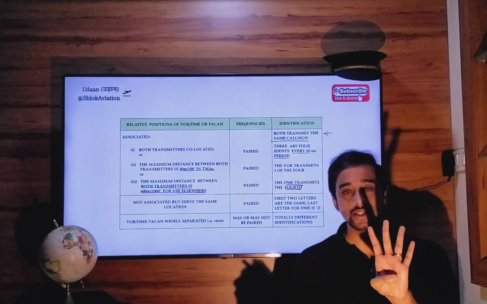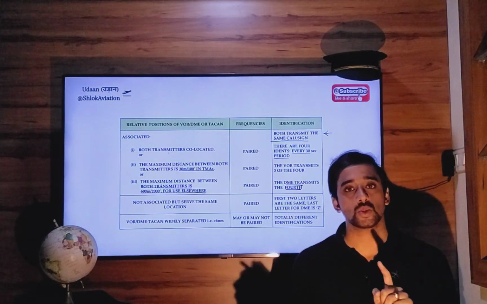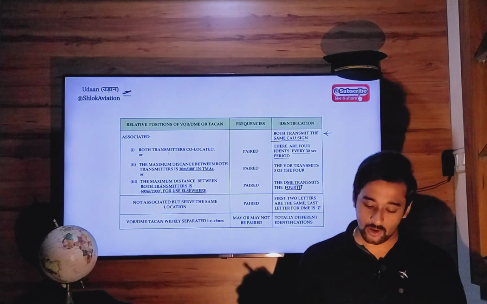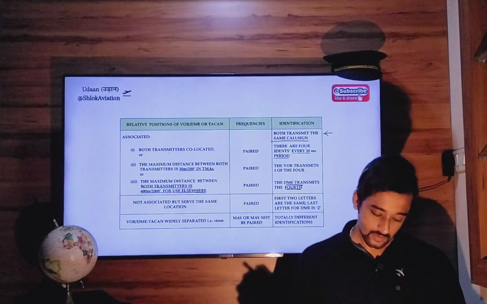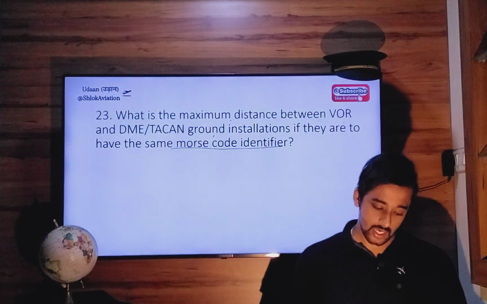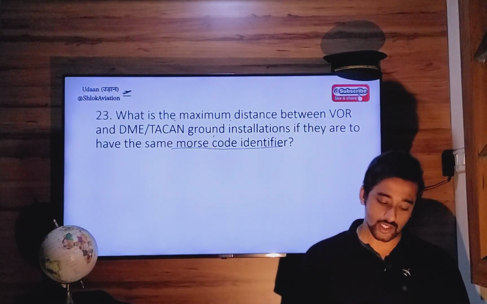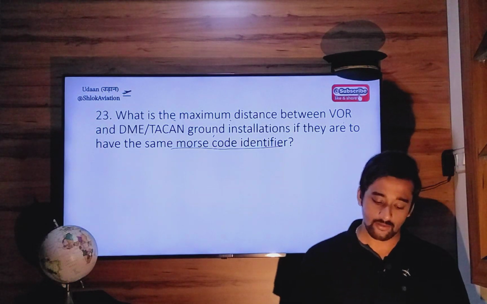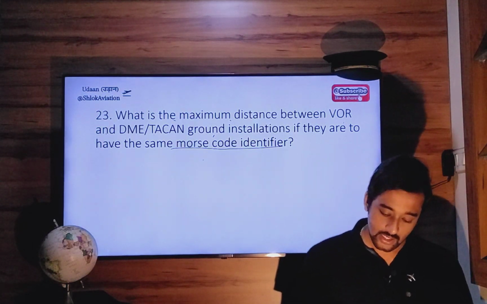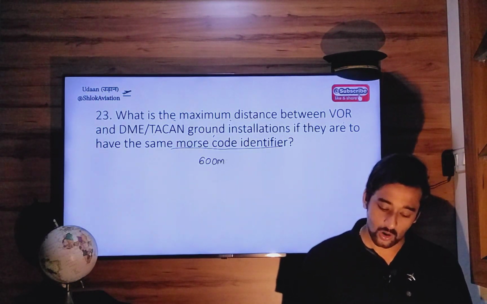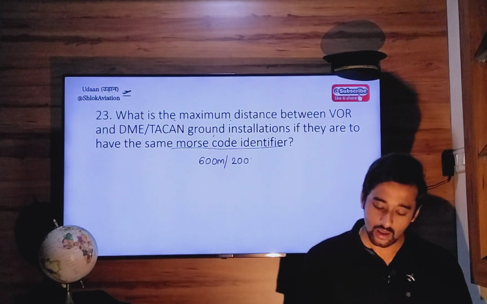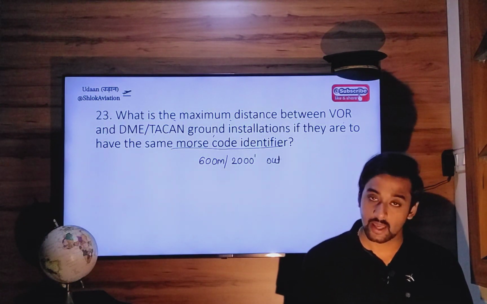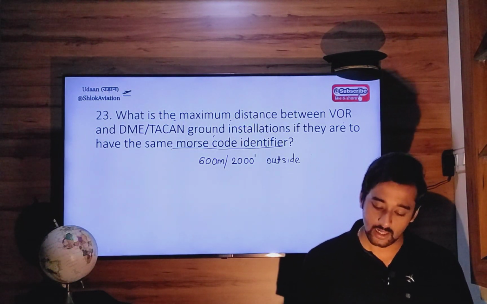So 4 idents, first 3 VOR, the last one DME, and this will happen every 30 seconds. So the correct answer here, what is the maximum distance between VOR and DME if they are to have the same Morse code identifier? It is 600 meter or 2000 feet outside the terminal area.